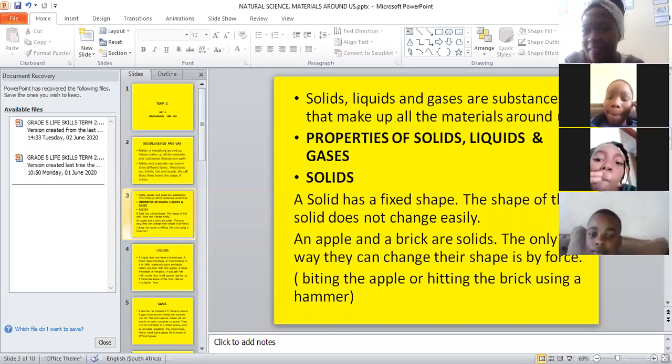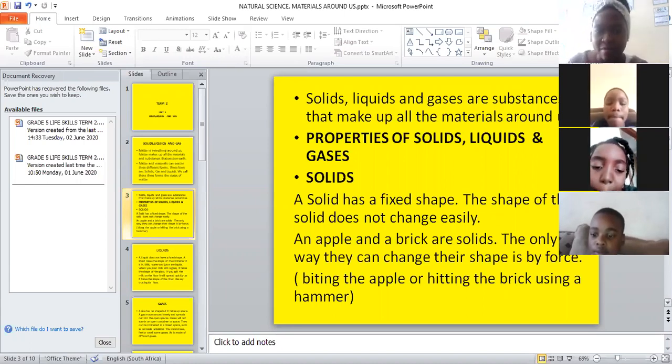Ria? Properties of solids. Ma'am, the properties of solid is a brick. Yes, a brick is a solid, but properties like what does it do? Does it move? Does it have a fixed shape?